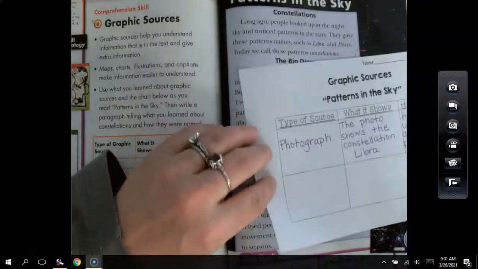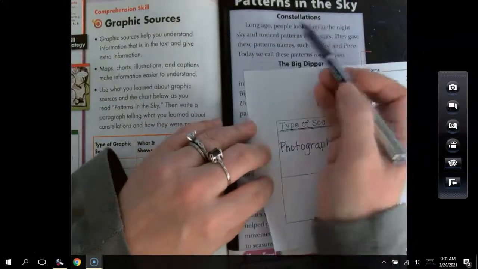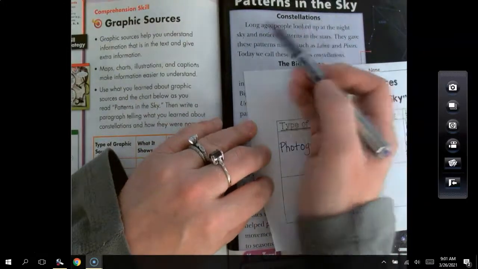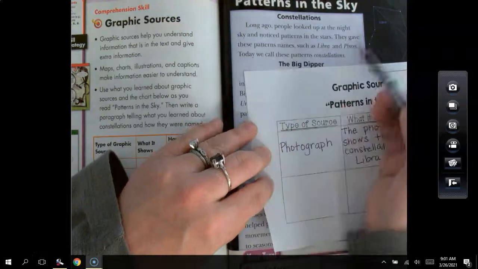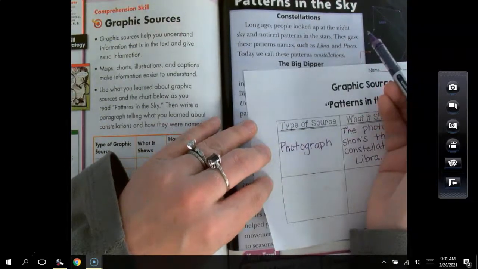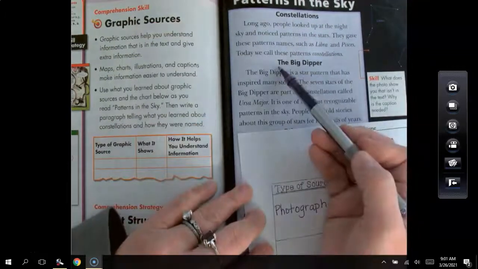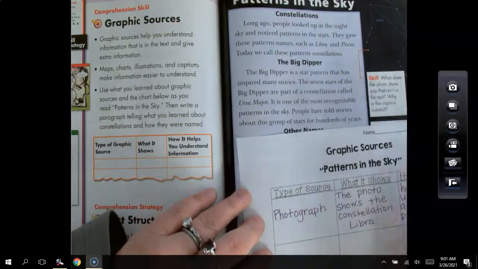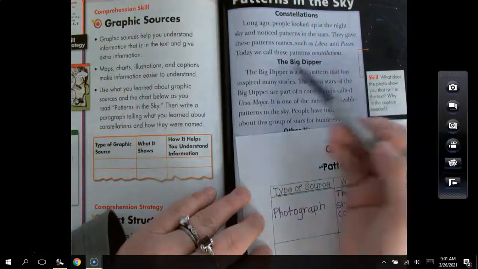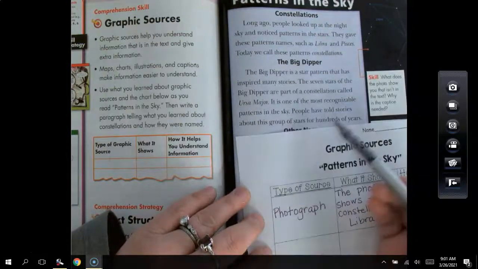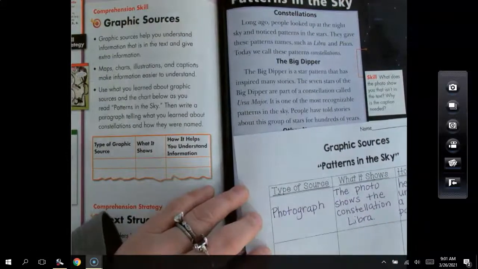Remember, headings help you figure out how the text is organized. So this heading, constellations, I know that this entire paragraph is going to be about what? Yes, constellations. The next heading is the Big Dipper. So this section of the text is going to be about the Big Dipper.